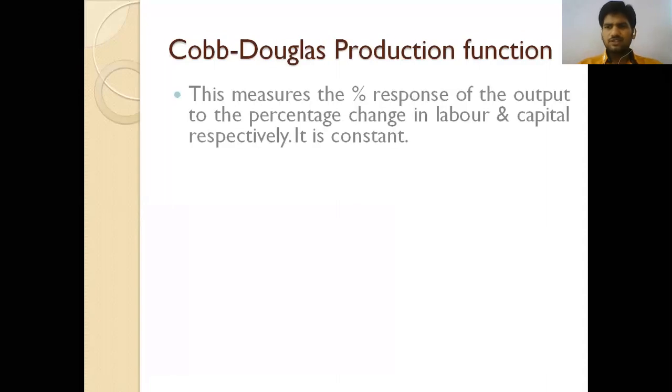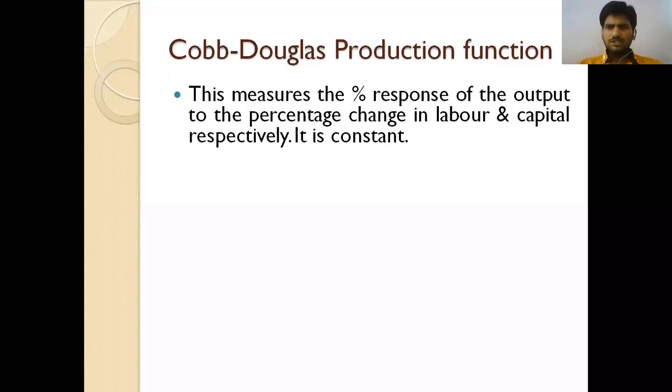What is the main functionality of this production function? It measures the percentage response of the output to the percentage changes in labor and capital respectively. Every production function will give some production.